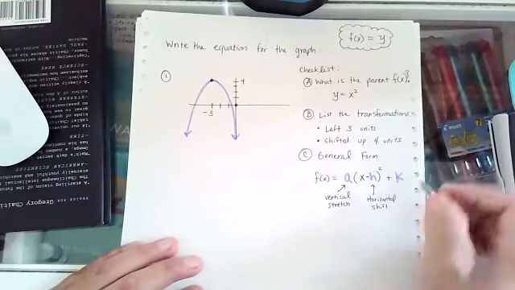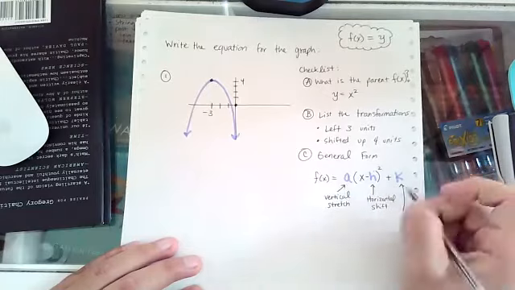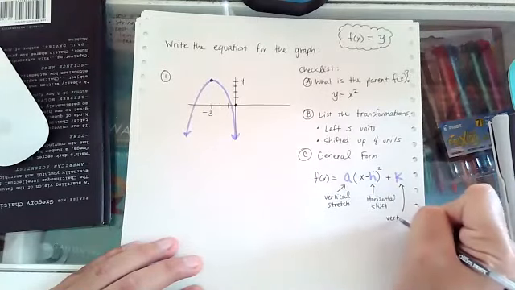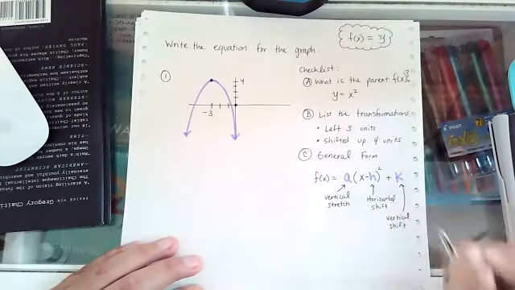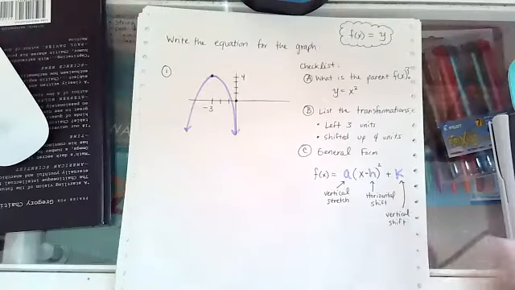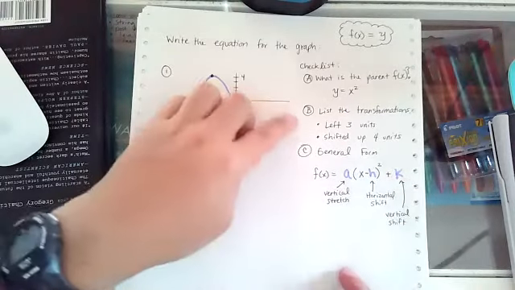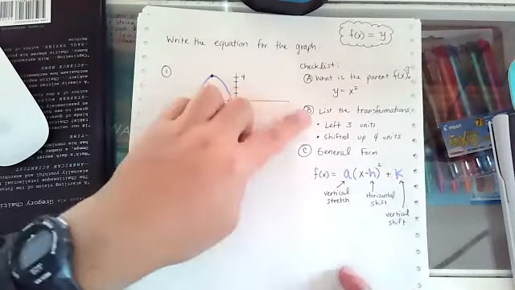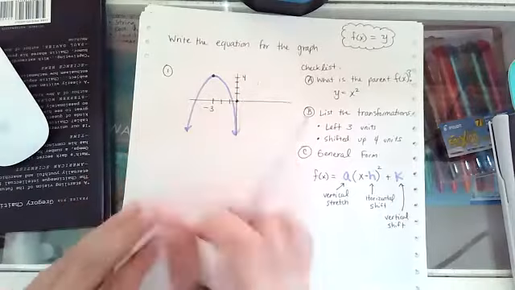And then the number on the outside of the parentheses is the vertical shift. So we're going to use this general form in conjunction with the list of the transformations that we've come up with, and just throw these numbers into this formula to get the general form for this particular equation.